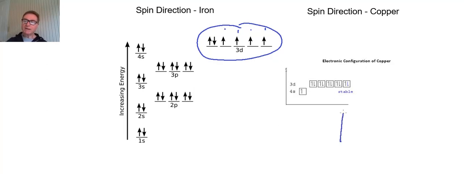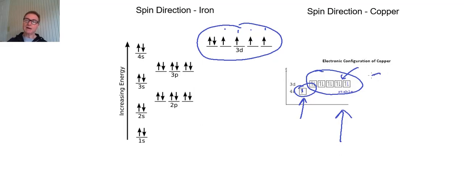If we look, on the other hand, at copper, if you look at the outermost shell of electrons in copper, they're all paired up, okay? And so copper is typically not magnetic. Now you do have 1 unpaired electron here, but it's not in the outermost shell, and so it's really not going to be magnetic.